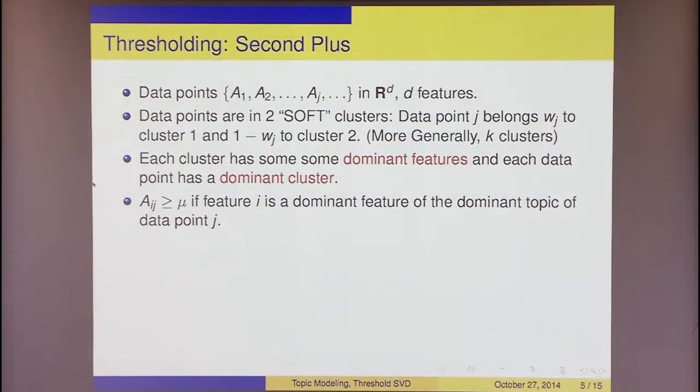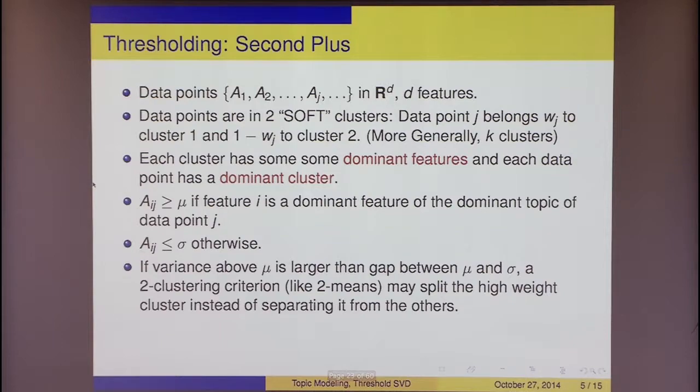And let's say that the dominance plays its role this way. Aij is greater than mu if feature i is a dominant feature of the topic which is dominant in the data point j, and otherwise it's low. So this is a high-low feature, just as you had in the problem I showed you with signal and noise. So signal, and this is noise, if you will. Now, I want to illustrate a second feature of thresholding.